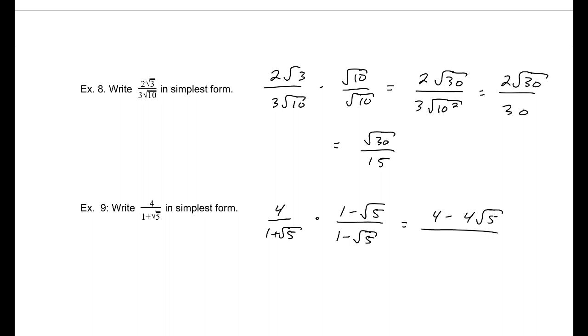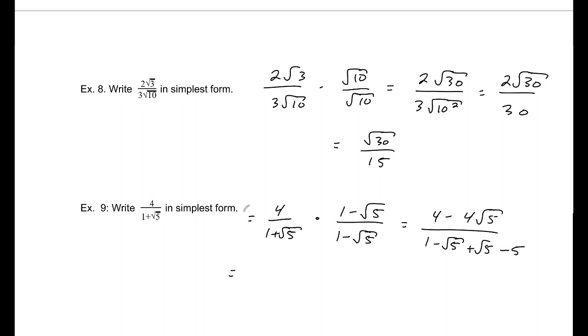In the denominator, I'm going to multiply everything on the left side by everything on the right. So 1 times 1, which will be 1. Okay, 1 times negative root 5, so that'll be minus root 5. Next will be root 5 times 1, so I get plus root 5. Those two will cancel out. Root 5 times root 5, so I get minus 5.